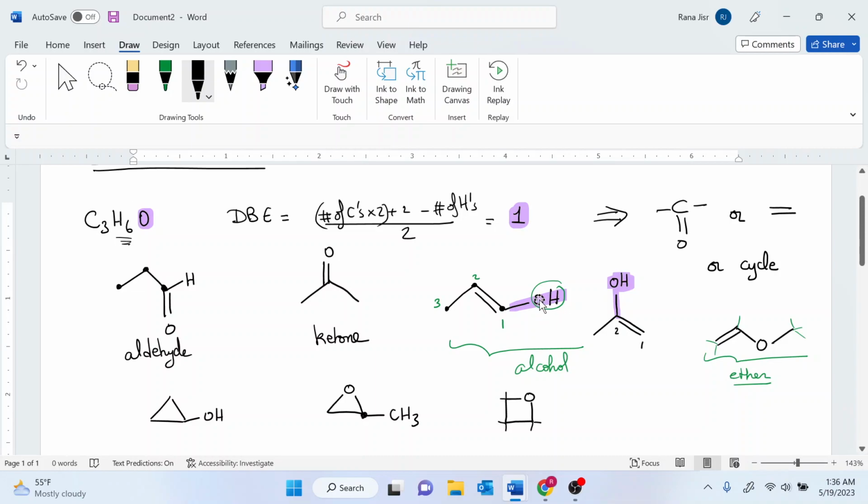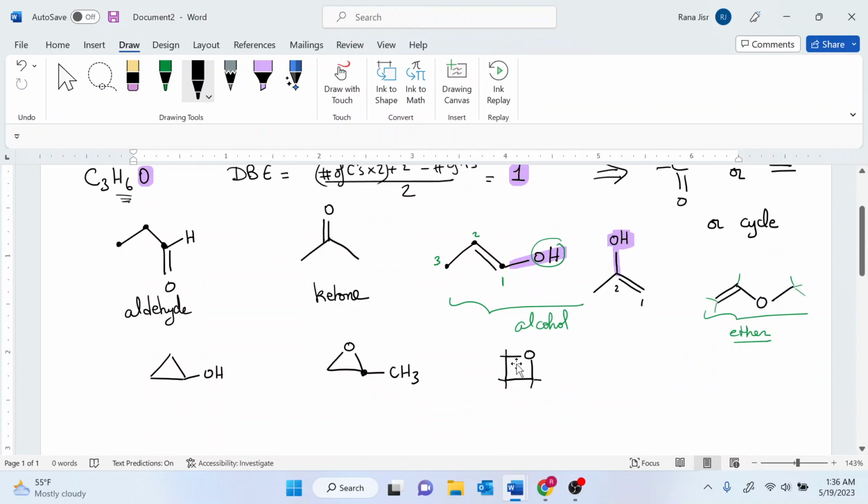I need to make use of the oxygen after I'm done with the carbonyl. If I have a double bond, then I know that it's going to be an alcohol or an ether. And ethers exist as a chain. Because I do have a DBE of 1, I can add my double bond. Or if I don't want to add my double bond, then I need to use the cycle in order to incorporate the oxygen.